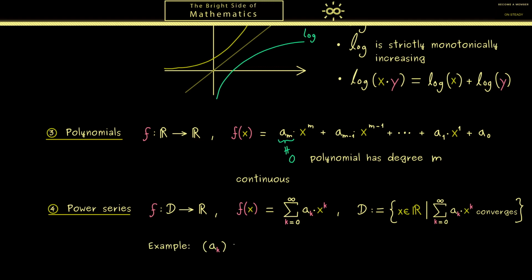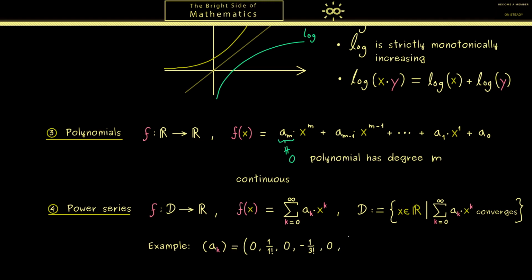Okay, let's immediately discuss a very famous example here, which means we fix a special sequence a_k. Let's start the sequence with the 0th member, which should be 0. And then I want 1, but let's write it as 1 divided by 1 factorial. Then afterwards comes 0 again, and then minus 1 divided by 3 factorial.